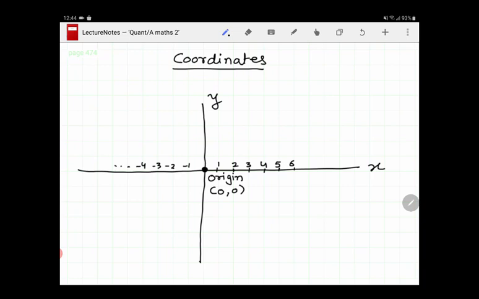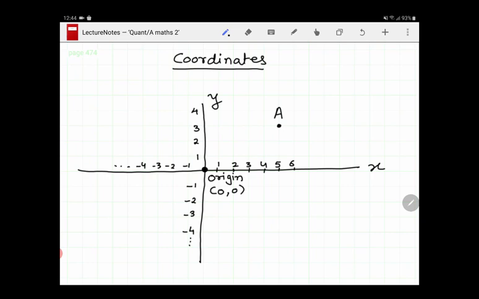On the vertical axis, the points on the top side are marked by the positive integers 1, 2, 3, 4, and so on, while the points on the lower portion are marked by the numbers -1, -2, -3, -4, and so on.